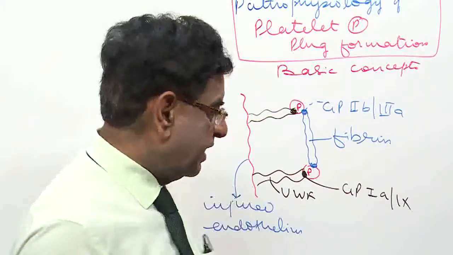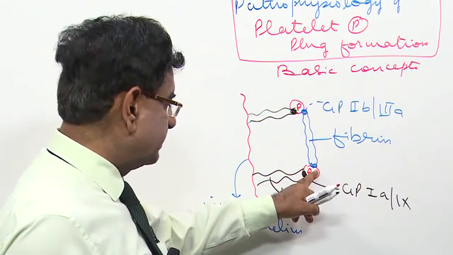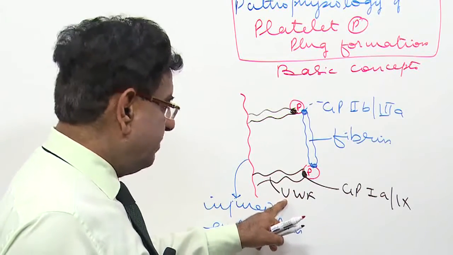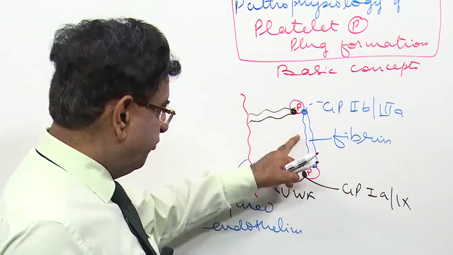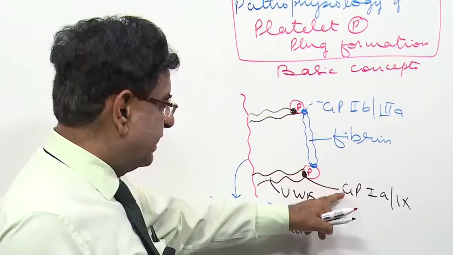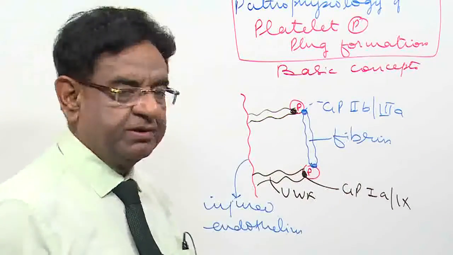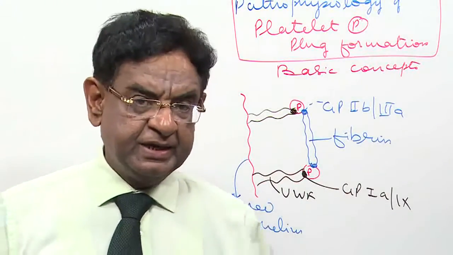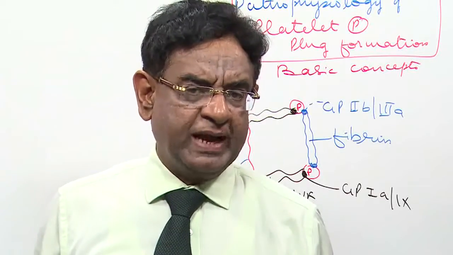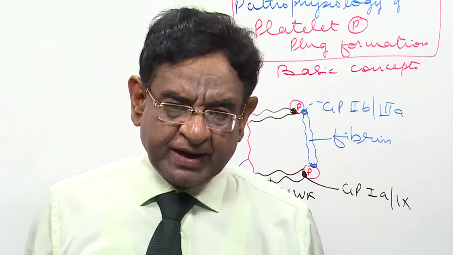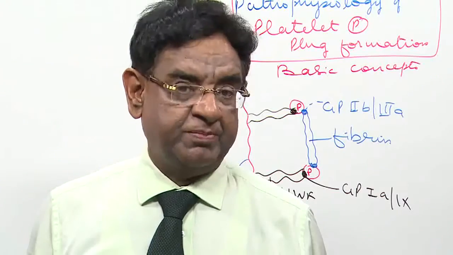Got it? Now the other things needed are platelets, von Willebrand factor, fibrin, and GP1A and GP2B3A receptors. So wherever any problem happens, there will be defective platelet plug formation.